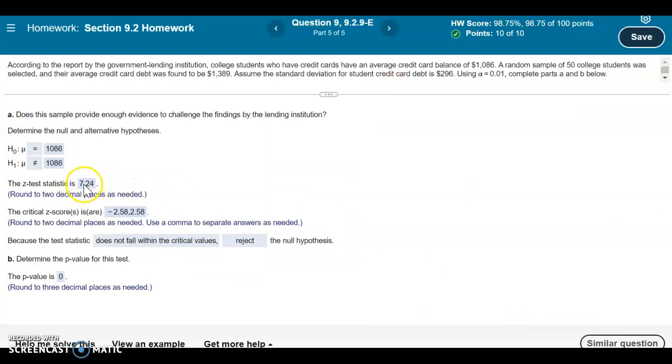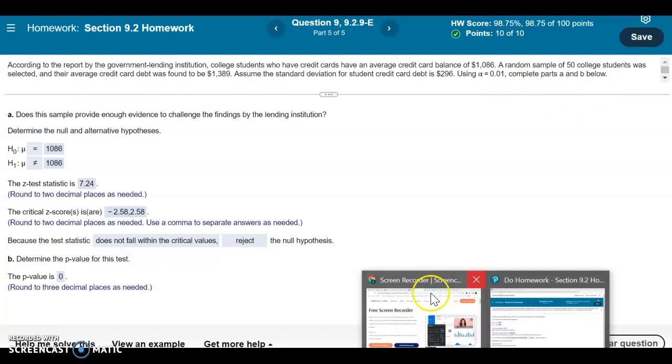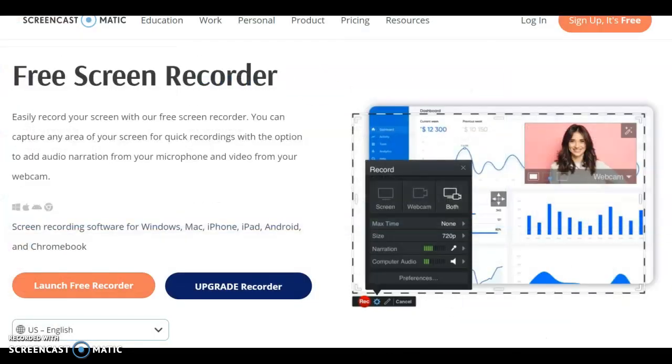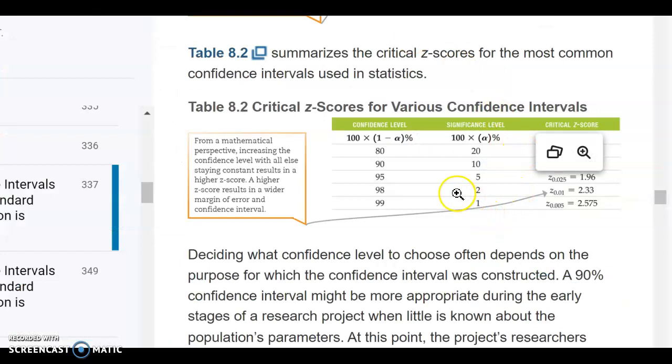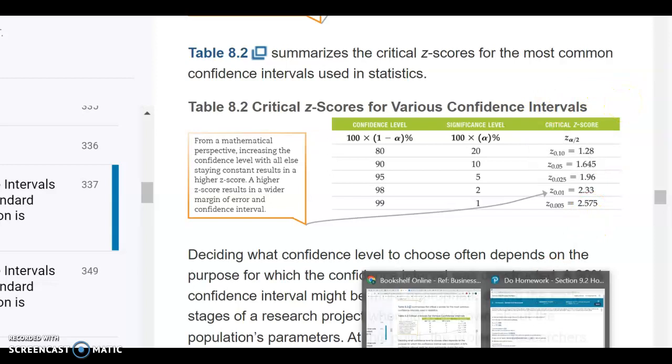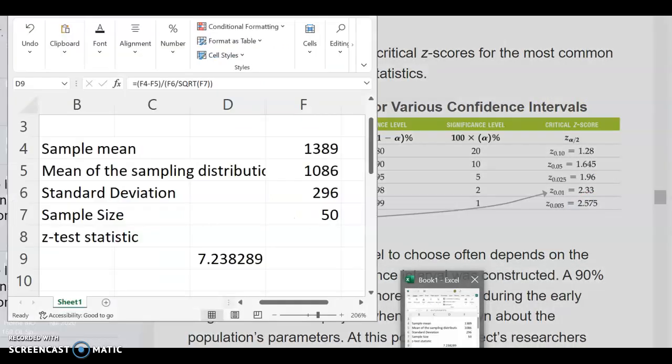So our test statistic is 7.24. So that is correct. Now our critical z-scores for the two-tail test, where alpha is 0.01. If you go to your book, alpha is 0.01, divided by 2 would be 0.005, which is 2.58. Let me make sure I did that right.